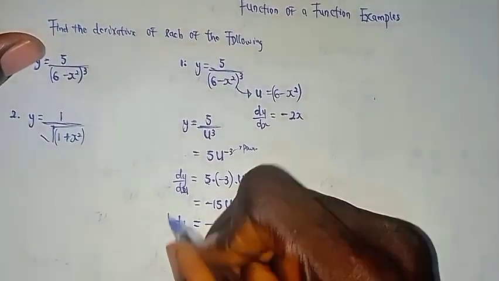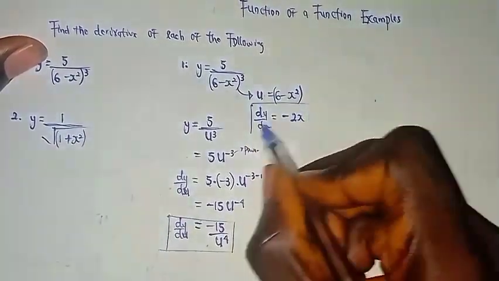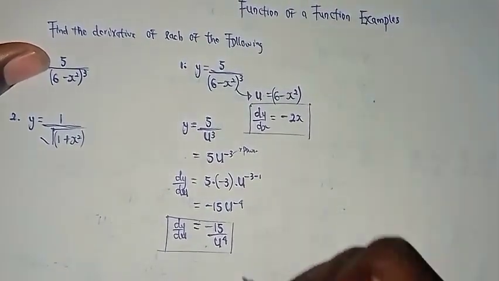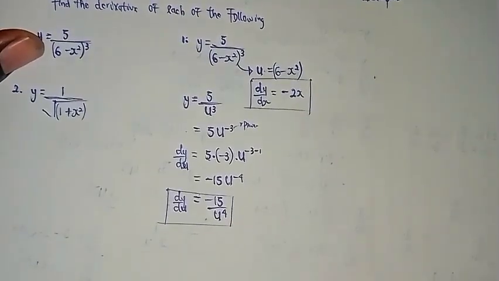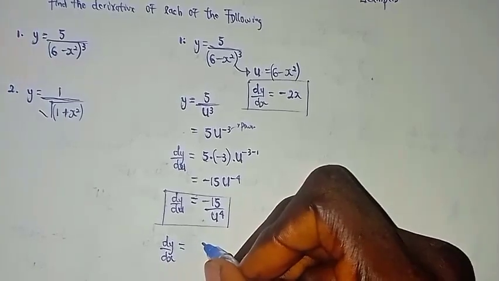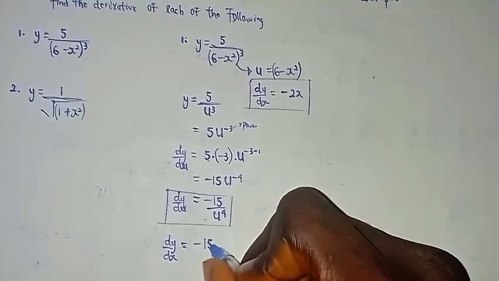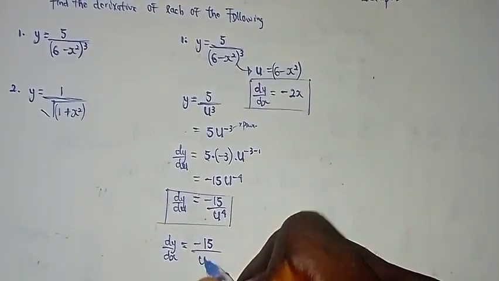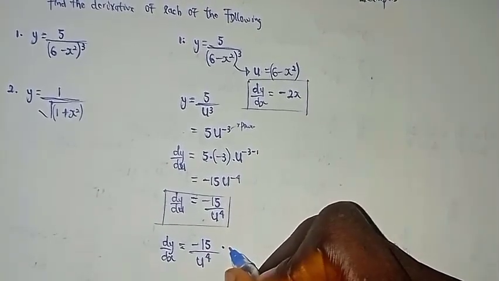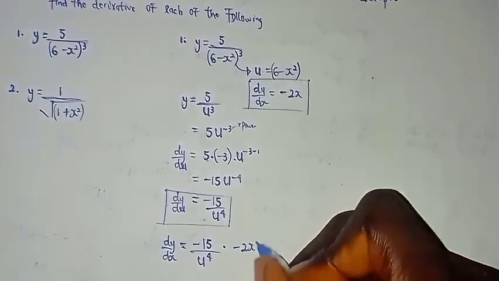So now we have our dy over du, and we have our du over dx. That means our dy over dx becomes dy over du, which is minus 15 all over u raised to the power of 4, multiplied by du over dx, which is minus 2x.